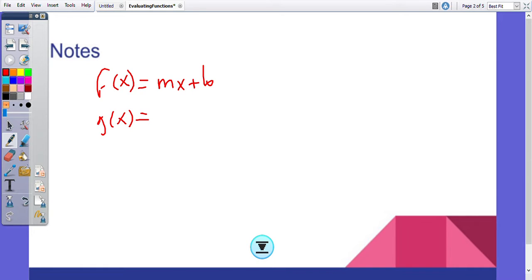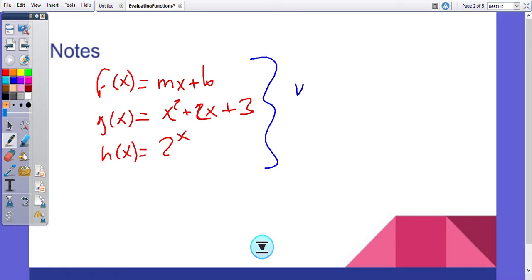That can be a polynomial, something like x squared plus 2x plus 3. Or you can have something like h of x, which is an exponential function, like 2 to the x. But what is common amongst all three is that they all depend on the variable x.